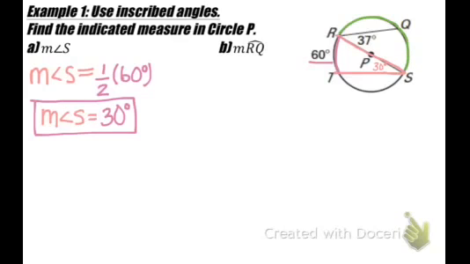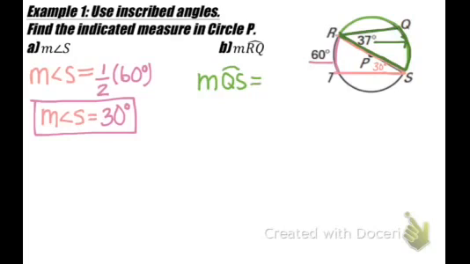Well, we also know that RQ is connected to QS, and R to S makes a semicircle. So that means that the measure of arc RQS is 180 degrees. I also can see that I have an inscribed angle at angle R. So that means that the measure of angle QRS is 37 degrees, and if I know the measure of that inscribed angle, I can find the measure of its arc QS.